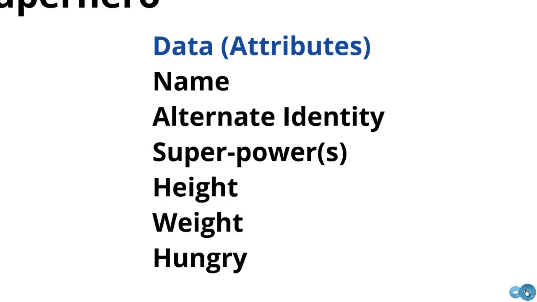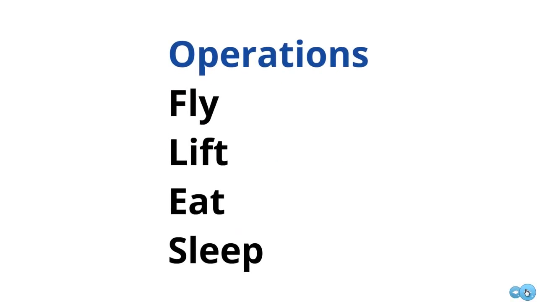Now in terms of the operations, there could be a lot of things, right? A superhero could fly, maybe it could lift some particular object, maybe it could eat, maybe it could sleep. Again, we've described some more mundane things associated with superheroes, but these are operations that a superhero could do. In the case of eating, maybe this relieves the superhero from being hungry anymore.